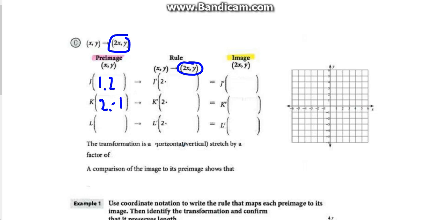Negative 1. Let's do 2, negative 3. The rule states 2x comma y. My y's are not going to change, so I'll just write those down: 2, negative 1, and negative 3. However, my x are being multiplied.